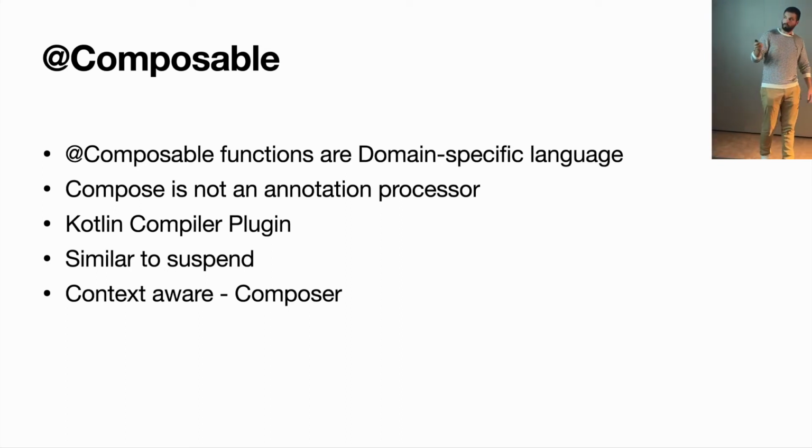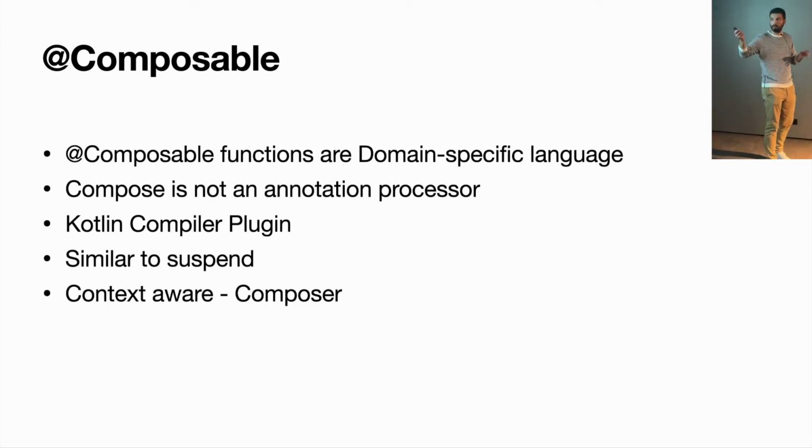So, first of all, composable functions are basically a domain-specific language, which means they are really used only for this kind of purpose. They are using app data and rendering it onto the screen, which basically means that they need their own context. We'll show you that a bit later.